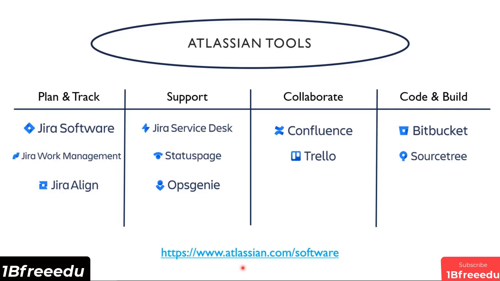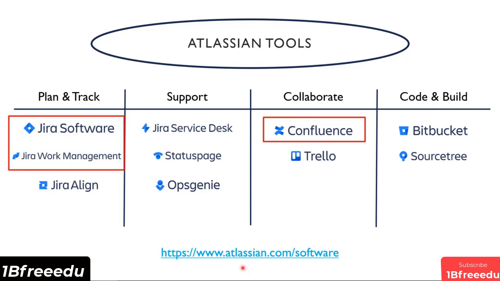In this course, we will be focusing on Jira Software and Confluence because both are very popular and go hand in hand. Now keep in mind, Jira Work Management is for business teams, while Jira Software is for software teams. But when you look at things like managing workflows, project boards, issue types, all of that applies to both of them. It's just the Agile methodology part of it that is specific to Jira Software.